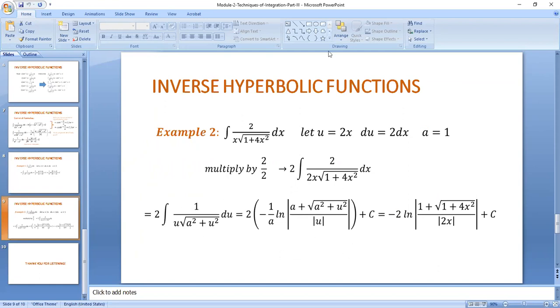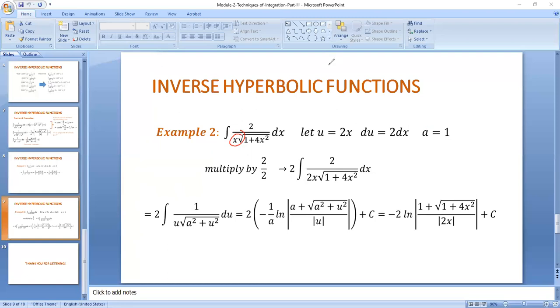If we take out the x here, if the x is not there, then it would be a simple, as I've said, inverse hyperbolic function of u. But since we have the x there, then we have this one. Okay?